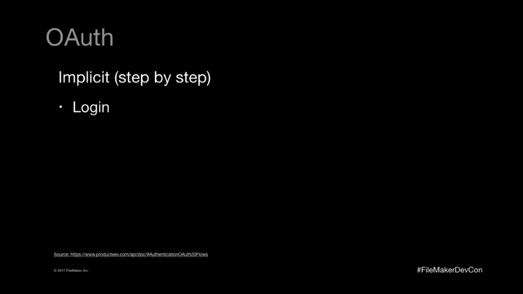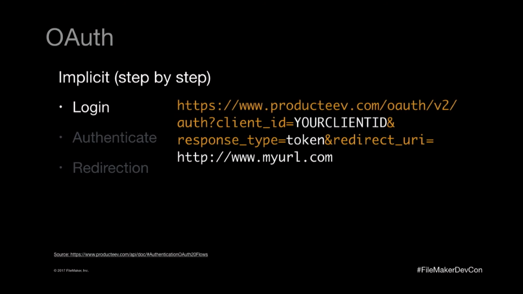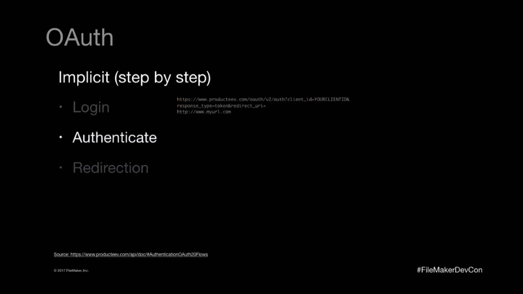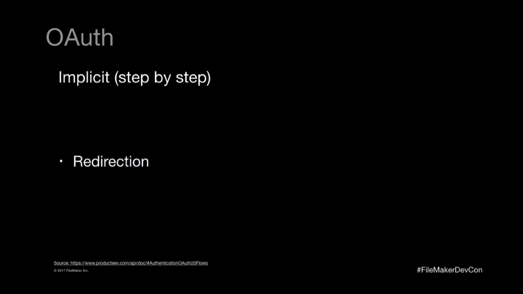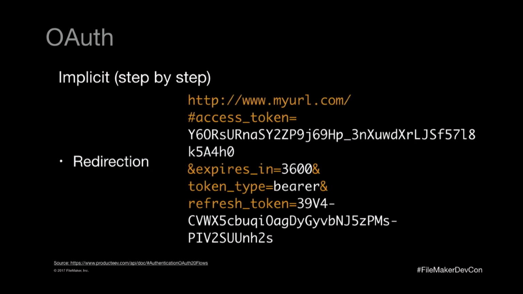Let me show you step by step. You log in, authenticate, you get redirected. For example, again, see now the response type is token. Use the same URL to authenticate, and the response we get on our browser, as you see, is a complete URL, and we have a number of parameters that are embedded on the URL.